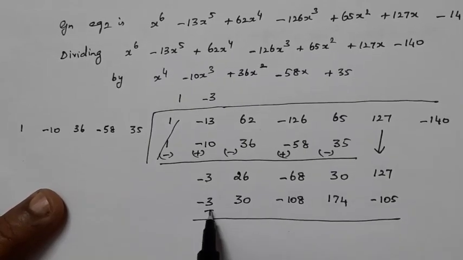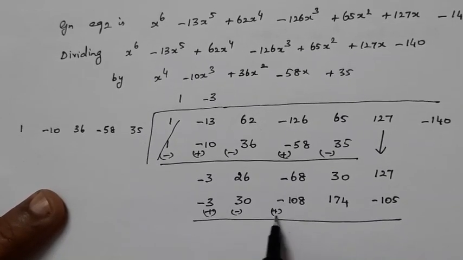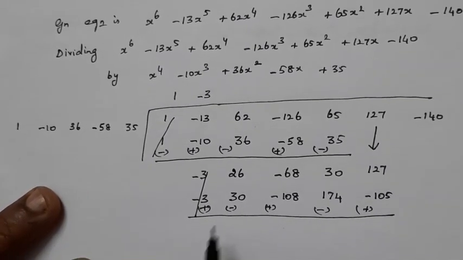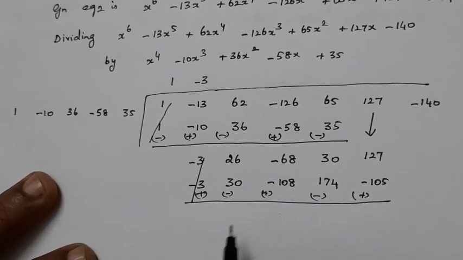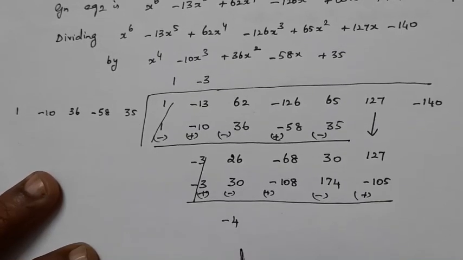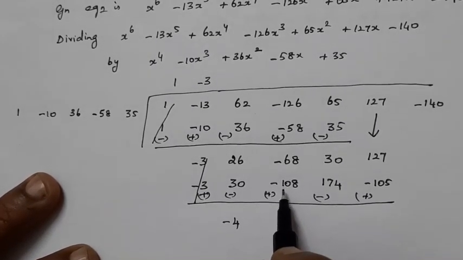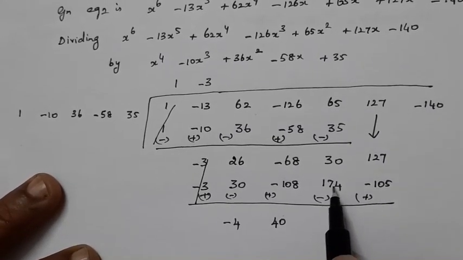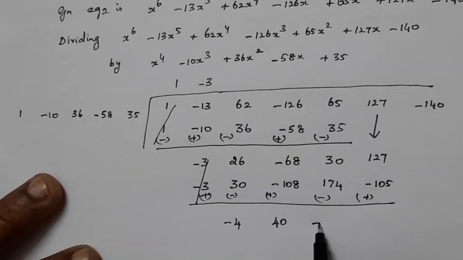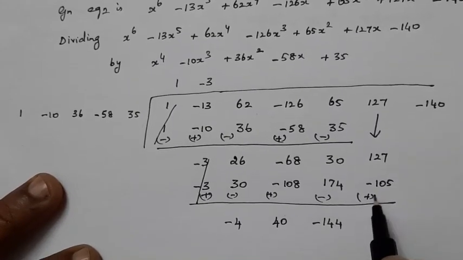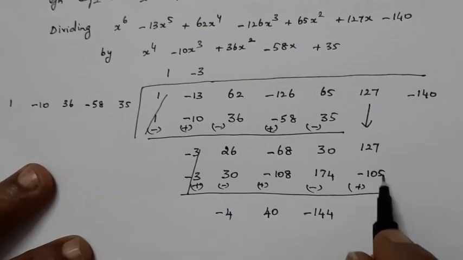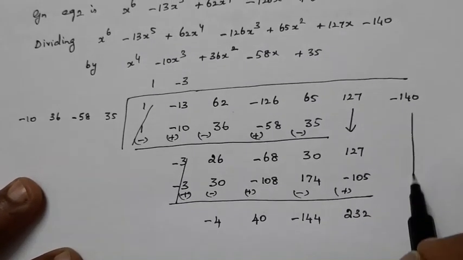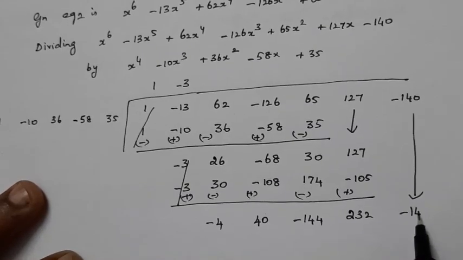Again changing the sign in order to subtract, these terms get cancelled, and +26 - 30 is -4. Then +108 and -68 is 40, and -174 + 30 is -144. Then +105 and +127 is 232. Then bring down this -140.